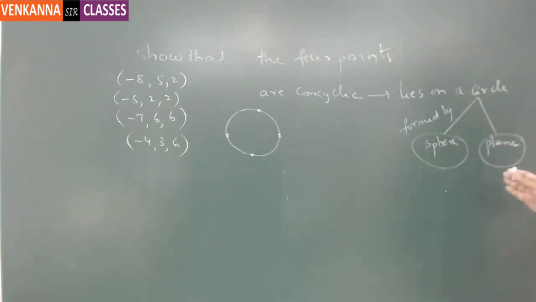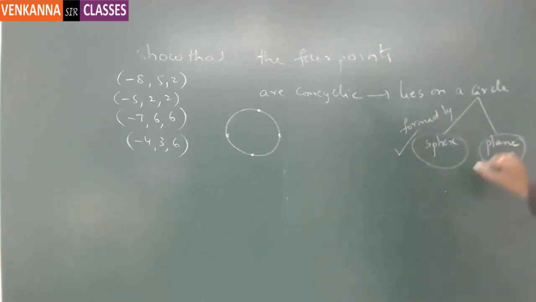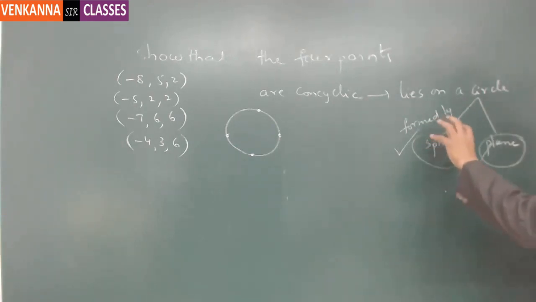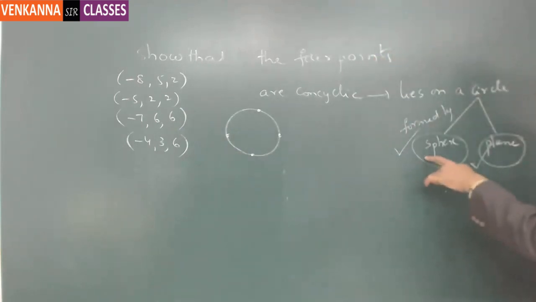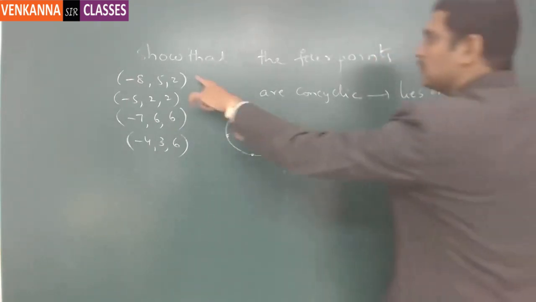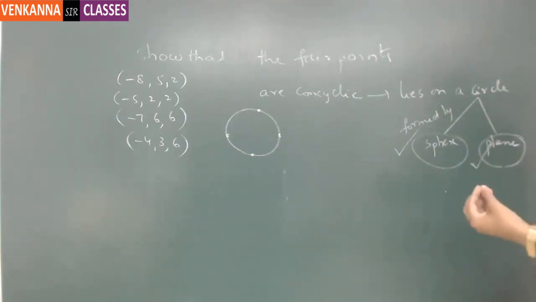So on the whole, we need to calculate a sphere equation and a plane equation. Using the 4 points, we should calculate a sphere, and using the 4 points, we should calculate a plane. In other words, we are finding a sphere satisfied by the 4 points and a plane satisfied by the 4 points.